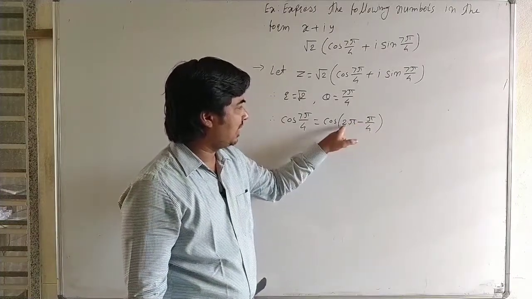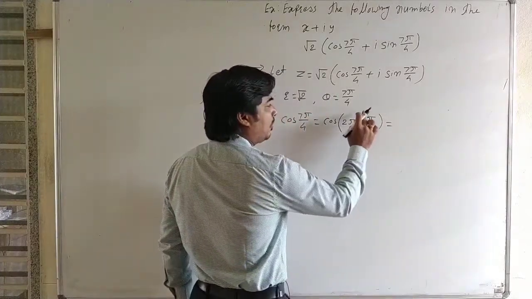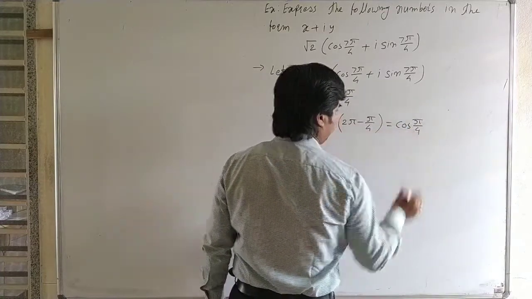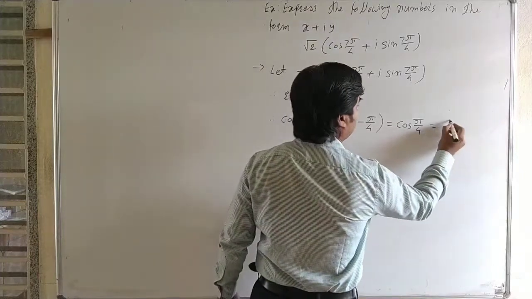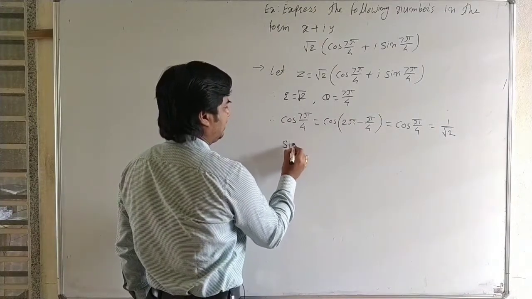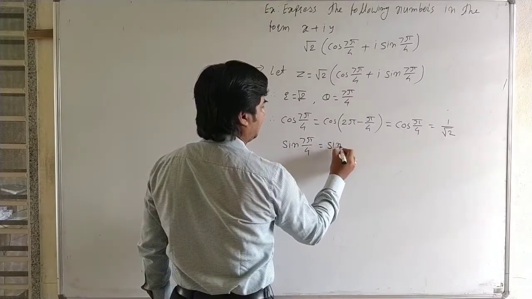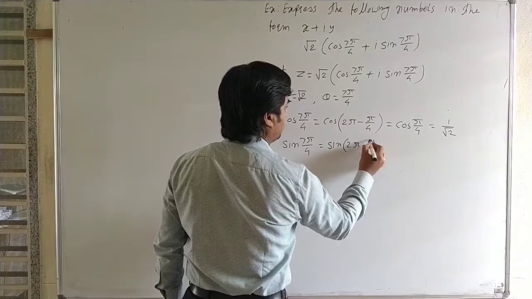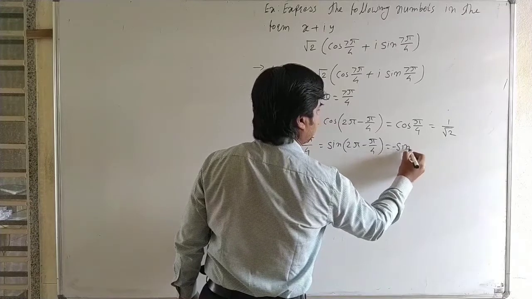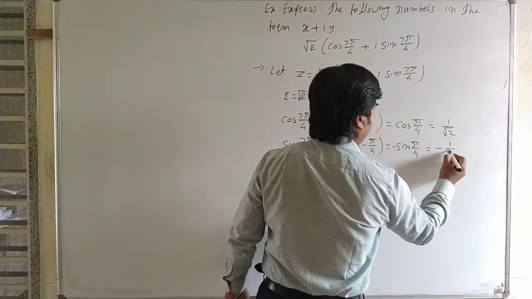Cos of 2 pi minus theta is cos theta, that is cos pi by 4, and cos pi by 4 is 1 by root 2. Similarly, sin 7 pi by 4 is sin of 2 pi minus pi by 4, which is minus sin pi by 4, and that is minus 1 by root 2.